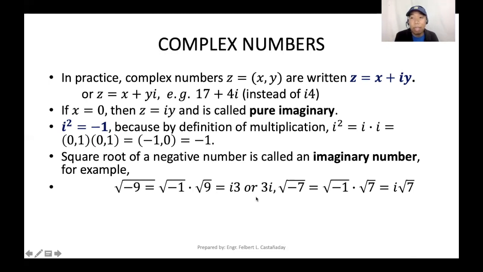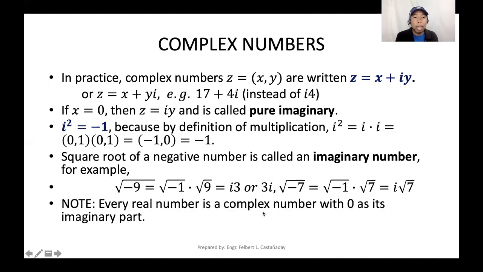So we can write 3i as the answer. Another example, the square root of -7 is equal to the square root of -1 times the square root of 7. The square root of -1 is i, so we write i square root of 7 as the answer.